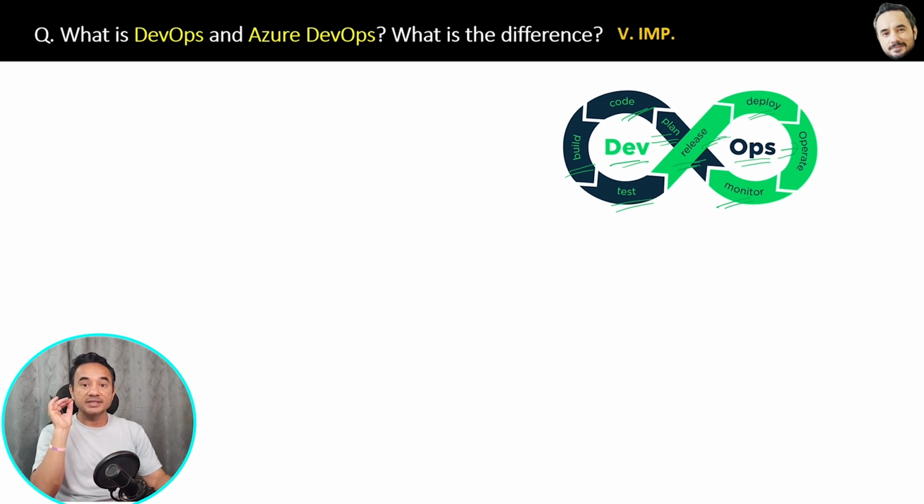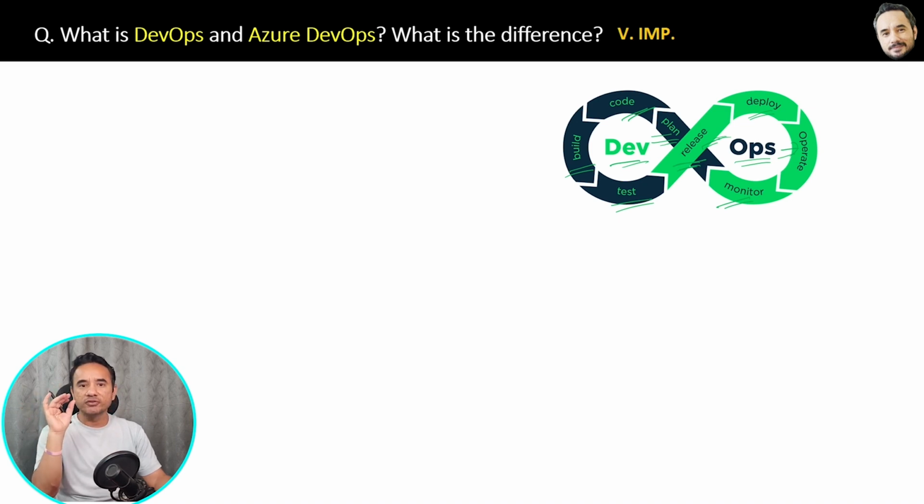Now what is Azure DevOps? Azure DevOps is a platform, or you can say a portal, where you can manage the entire DevOps lifecycle, from development to code to deployment to production, smoothly and efficiently, okay?